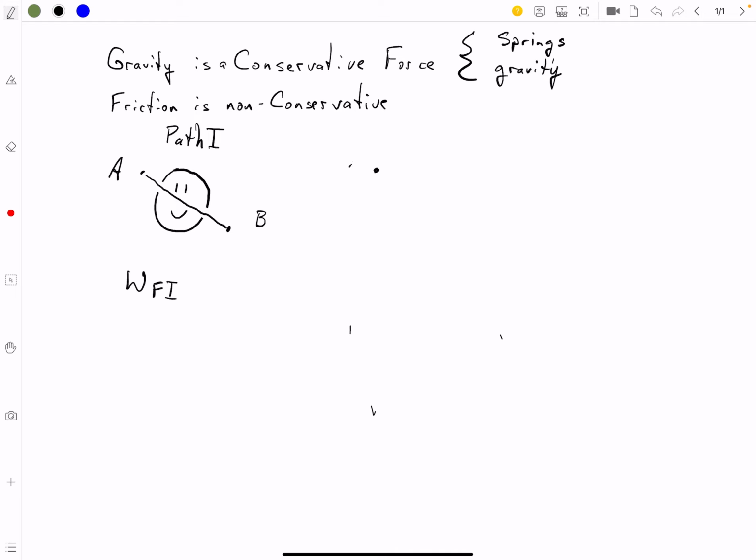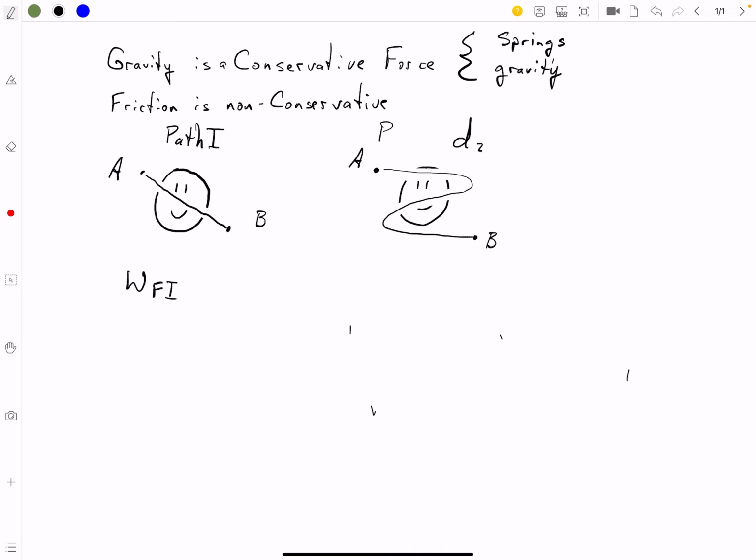Okay, so the work of friction for path 1. Let's do the same thing. We've got A, we've got B, we've got our smiley face, and this time we're going to do this path with my eraser. So I'm going to erase like this, and then I'll just redraw it. Okay, this path is longer.